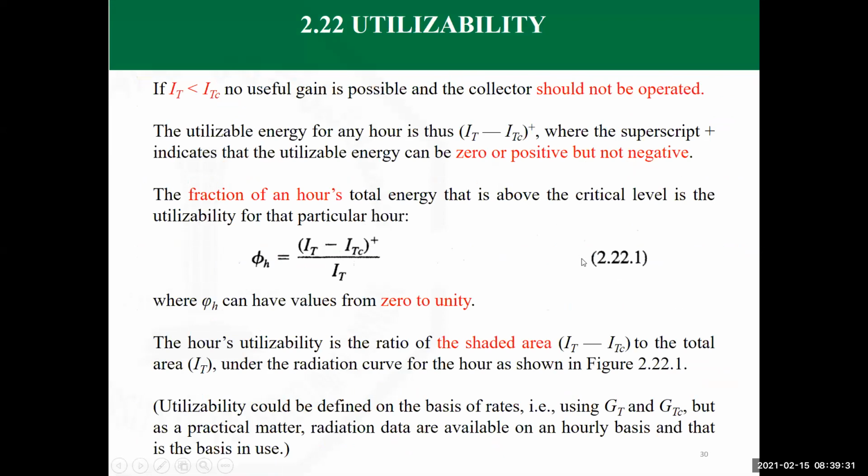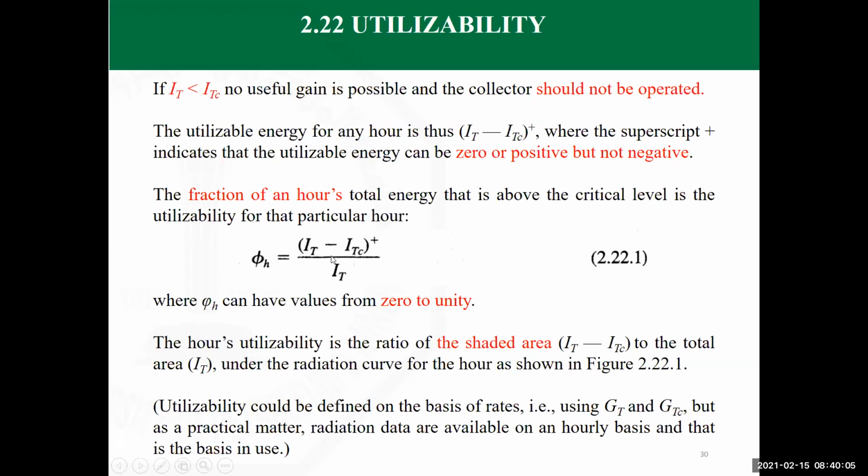And they give here a way that we can measure this fraction of total energy which is falling. I, or IT, is the energy gain coming from the sun. ITC, the C stands for critical. So this difference divided by IT gives a ratio that represents the utilizability, and this value goes from 0 to 1. 0 means that the values are equal.